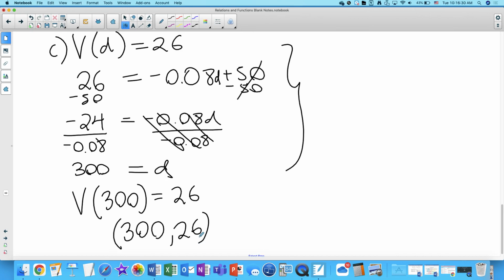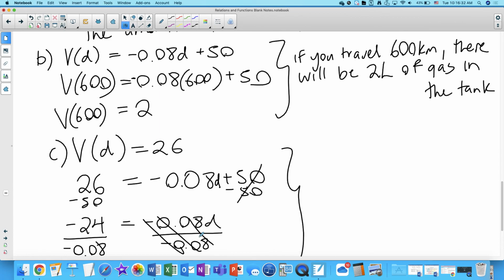Yeah, if there's 26 liters of gas in your tank, then you have gone 300 kilometers.